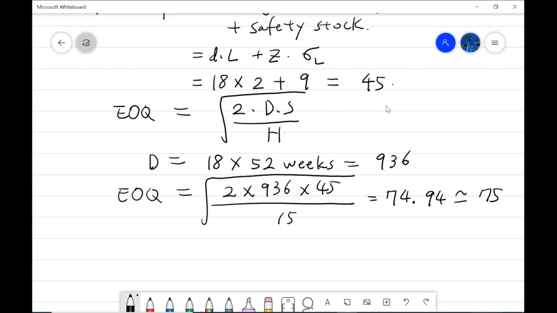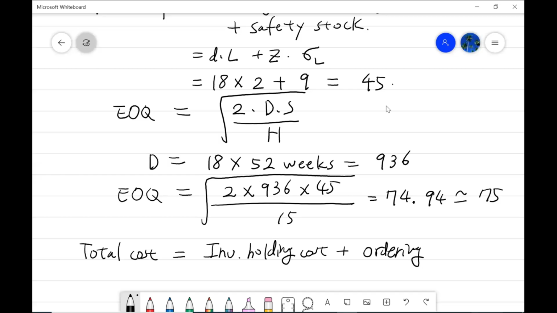Okay. So what's going to be the total cost here? Again, there are three portions of this cost: the inventory holding cost plus ordering cost plus safety stock holding cost.